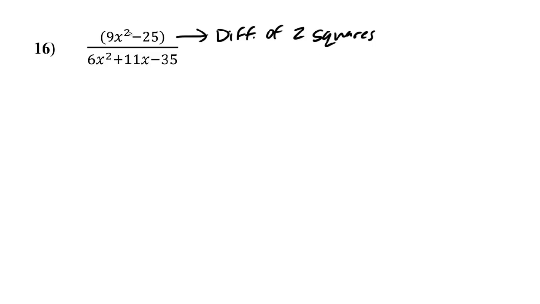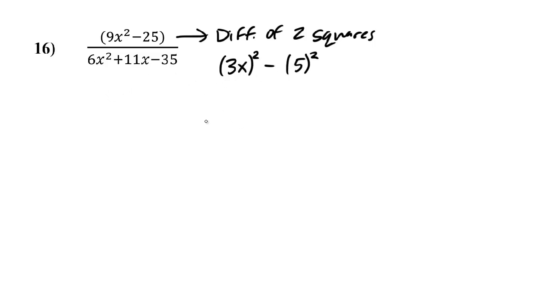Alright, so how would we make 9x squared? Well, that's just 3x squared, okay? Because 3 squared is 9, x squared gets you the x squared part. And then we're subtracting what? Oh, just 5 squared. So 3x squared minus 5 squared. So when we go ahead and rewrite that, it's going to be 3x minus 5, 3x plus 5.